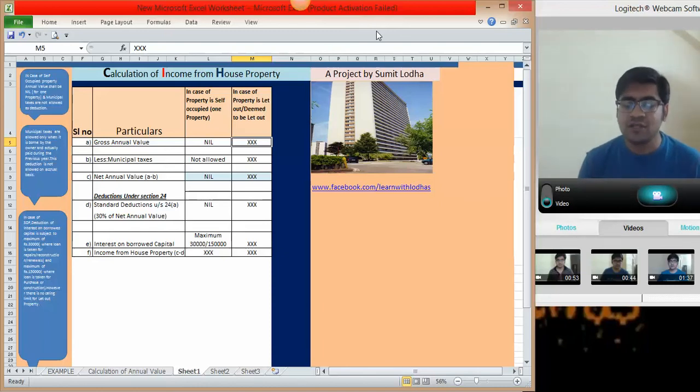Wherever you can separate them, you get the benefit of self-occupied property along with the let out.